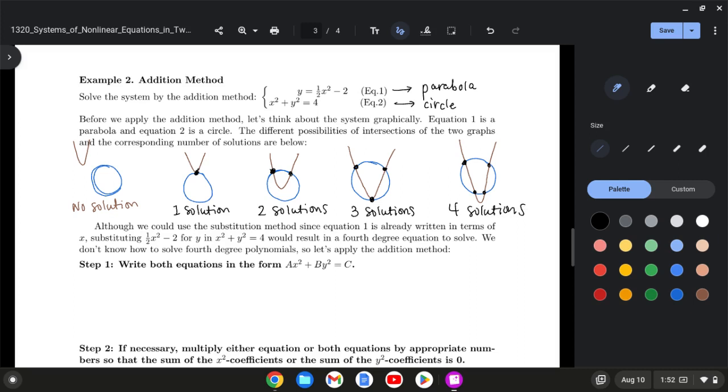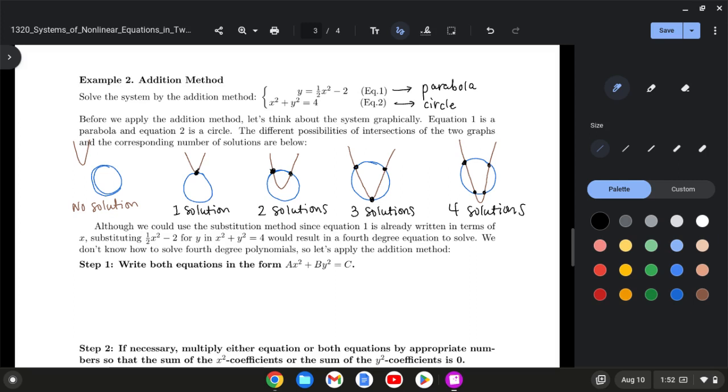So now, one thing that I want to point out: we are using the addition method for this example, but let's say that I wanted to use the substitution method because we already have our first equation as y equals. So y is already isolated. But if we plug in this expression 1/2 x squared minus 2 for y in our second equation, we're going to end up getting a 4th degree polynomial, and we don't know how to solve a 4th degree polynomial.